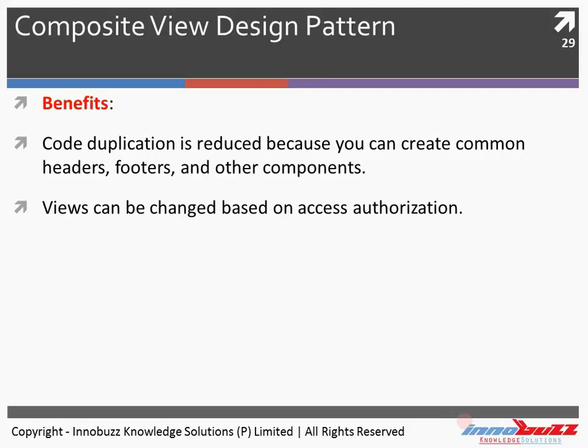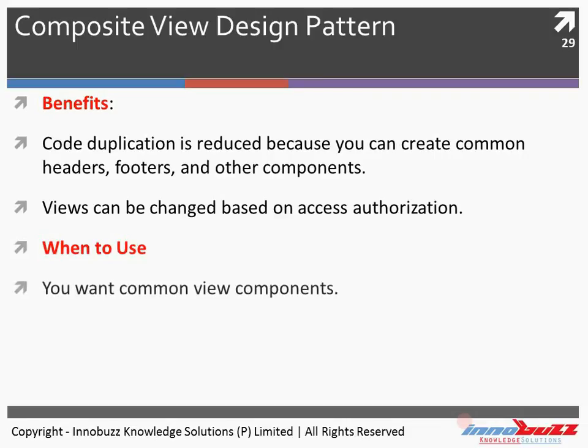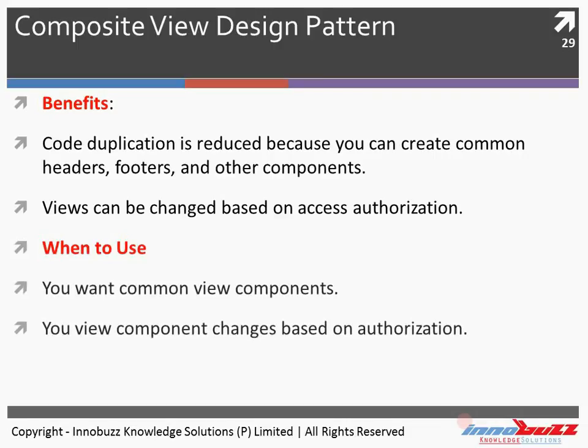With the composite view design pattern, you can achieve this by giving an appropriate separation of your views. When to use this pattern? When you want common view components, and view components that change based on authorization.